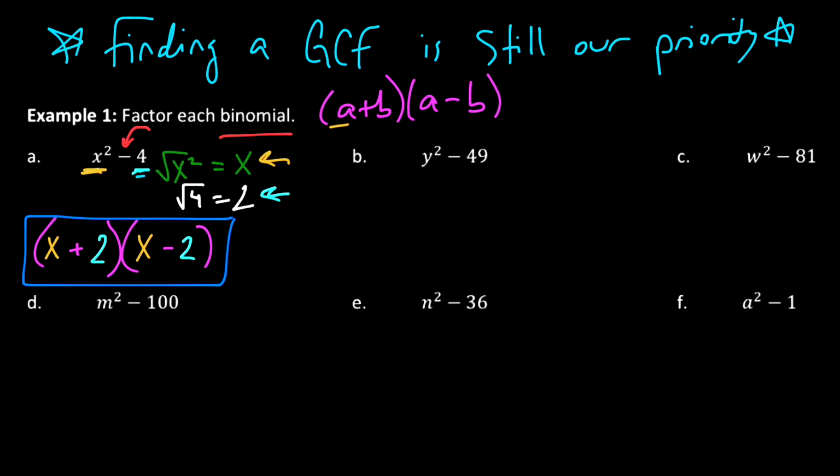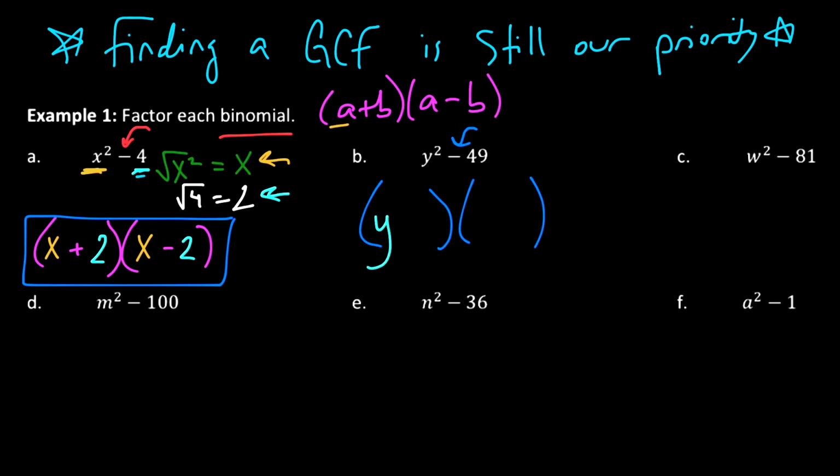And once you recognize this pattern, these go pretty quickly, because there's not really a whole lot of thinking that we have to do. We can just kind of run on autopilot. So once again, with B, I'm looking, do I have a GCF? No, y squared and -49 don't share any common factors. So we're going to go with using a difference of two squares, because once again, I have a binomial, I see subtraction in the middle, and I, in fact, have two perfect squares.